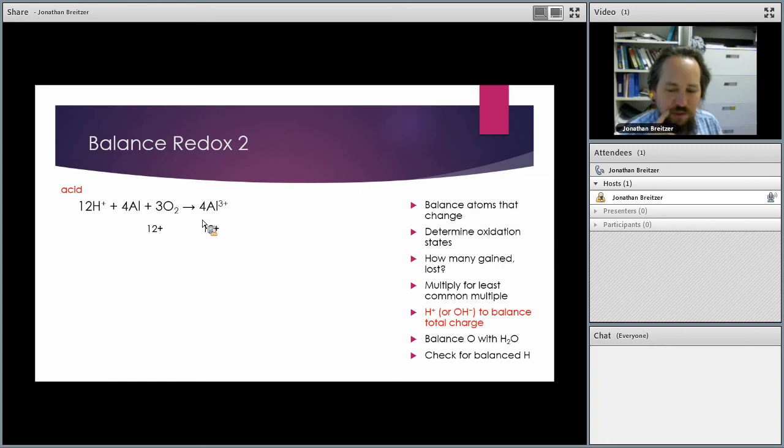Now you examine the oxygens. You see there's 6 on the left side and none of them on the right side. Balance them with water. There's your 6 waters. And then finally you check for the balanced hydrogens, but you can see that there's 12 on both sides, so that's fine. And that's how you balance the reaction.